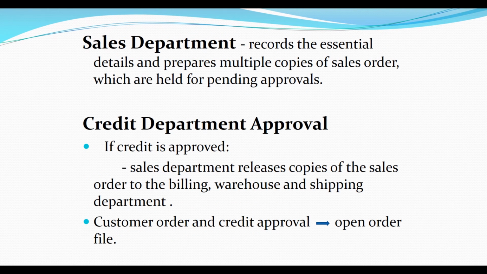The Sales Department records the essential details and prepares multiple copies of the sales order, which are held for pending approvals. Credit Department Approval. If credit is approved, Sales Department releases copies of the sales order to the Billing, Warehouse and Shipping Department. Customer order and credit approval are then placed in the open order file.